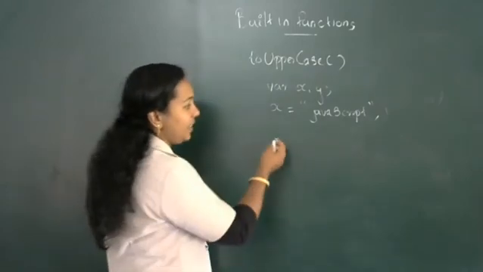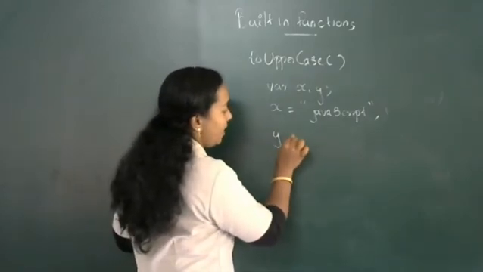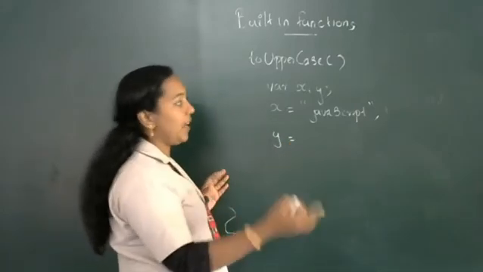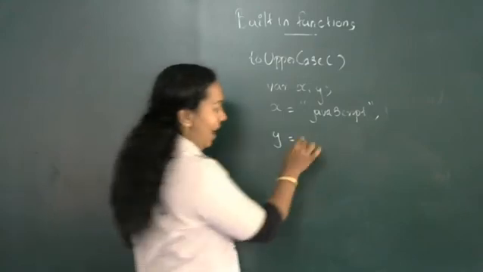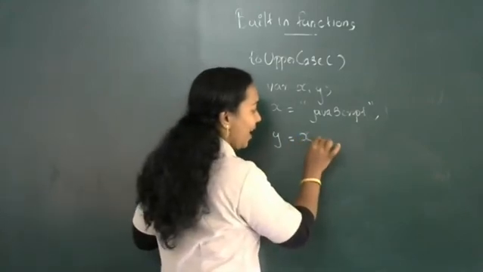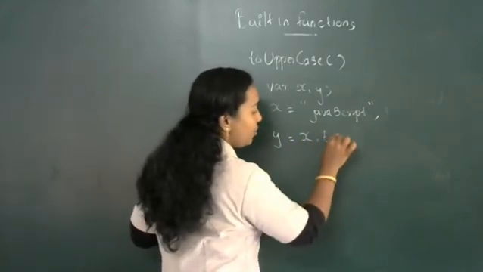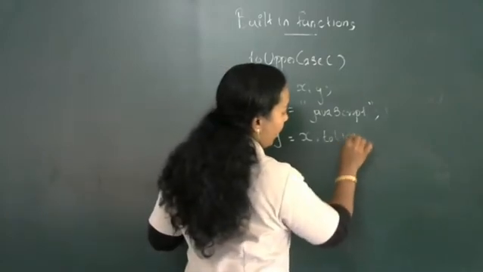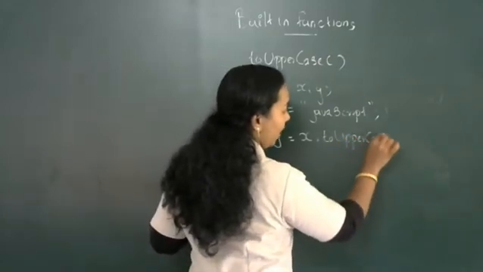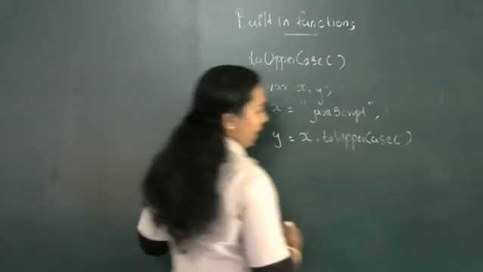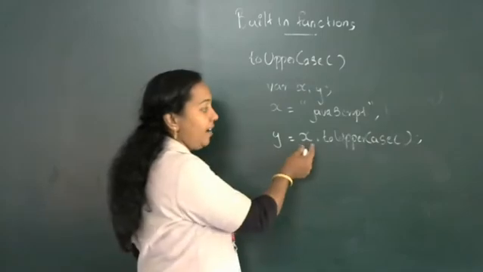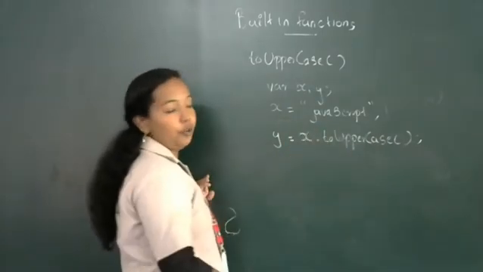So I can write like this: y is equal to x dot toUpperCase. That means I am going to apply the toUpperCase function to the variable x. X dot toUpperCase means the entered text in x will convert to uppercase.